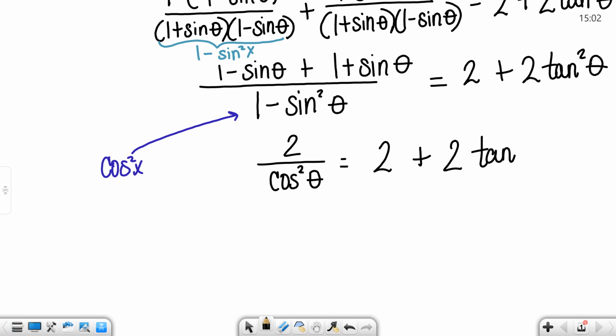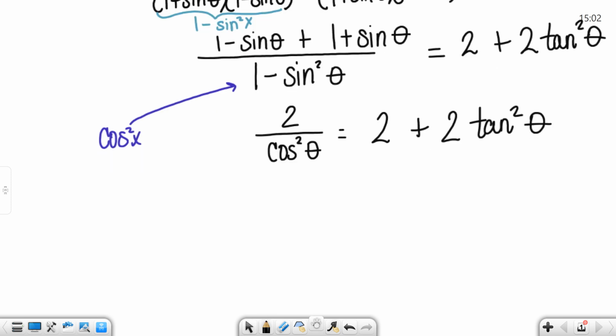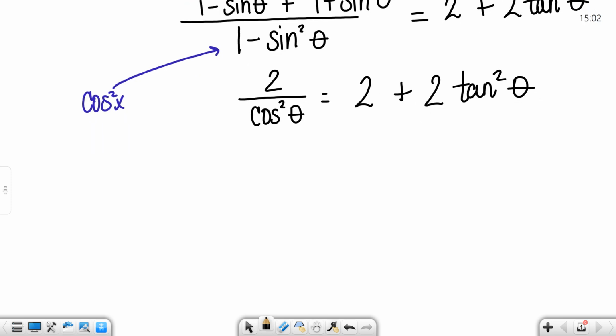So when I reach a place like this, I have to go, all right, maybe I should work with both sides, because this is not simplifying the way that I hoped that it would. So I'm going to leave this left-hand side like it is, and I'm going to start working on the right-hand side and see what I can do.